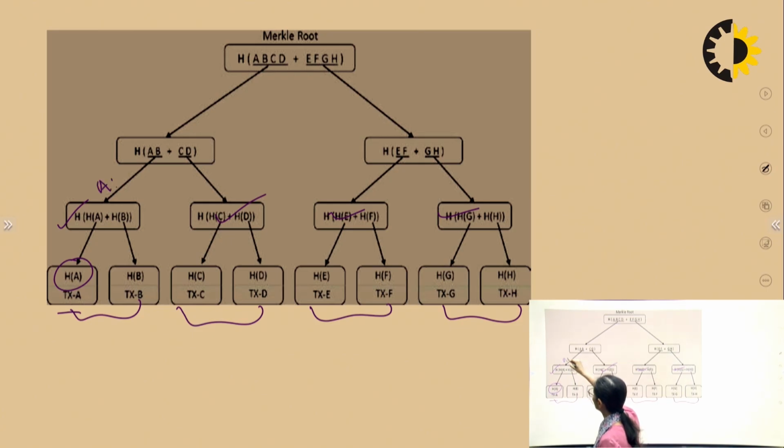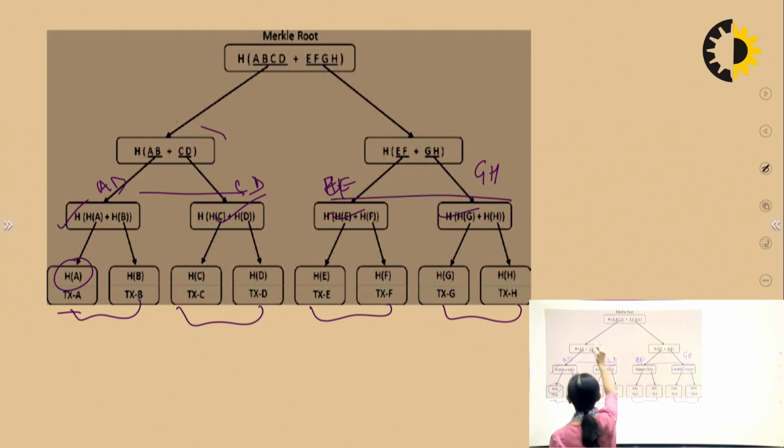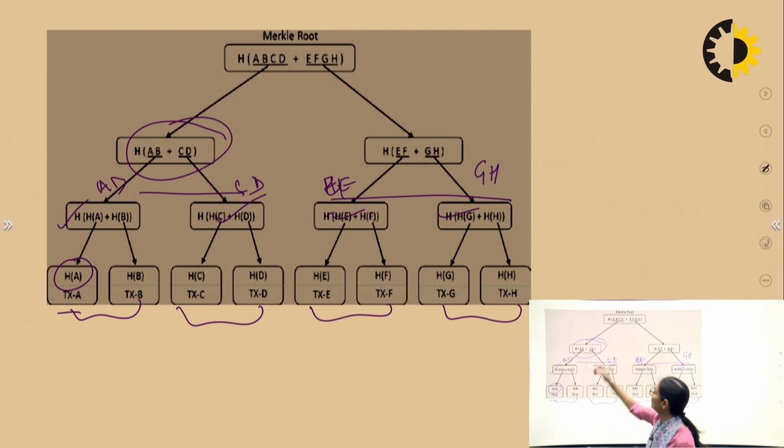Now this contains the hash value of AB, this contains CD, this contains the hash value corresponding to EF, and this contains the hash value corresponding to GH. At the parent, again we combine these two values and generate the hash value of its parent, and finally we get the Merkle root.